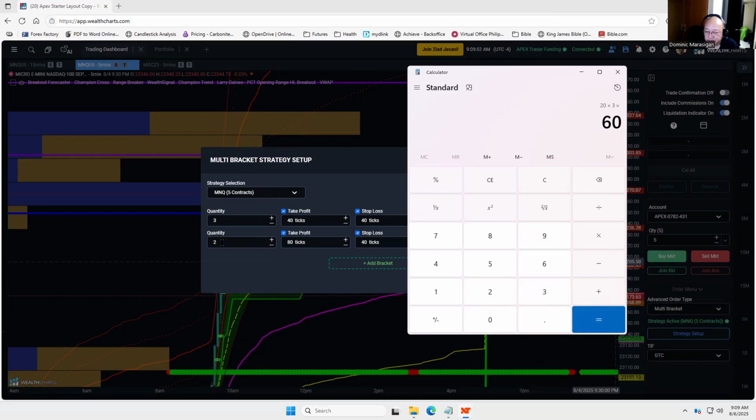And this one is your second target, so that's going to be at 80 ticks. So you're looking at 80 times 0.5, which is 40, times 2 is another $80.